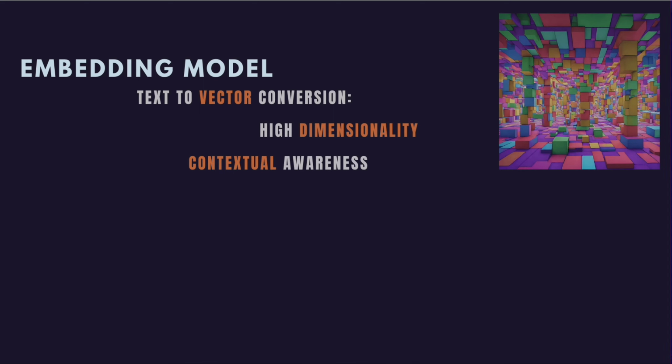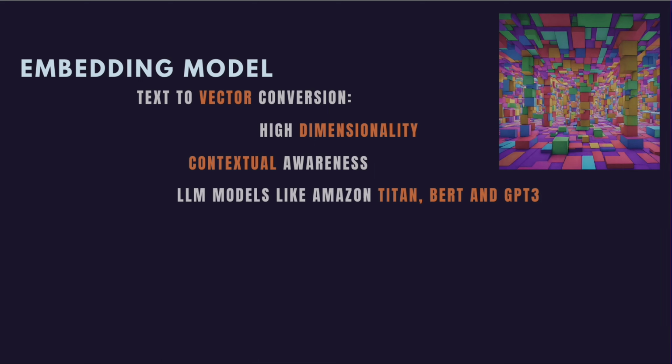It's basically converting the data into high dimensional, which is more numerical in nature, and we'll also have contextual awareness, the nuances in the language are understood, and everything is ready to go so that you can query the data and get the information. There are some models like Amazon Titan embedding, BERT, and GPT-3 that do the text to vector conversion.